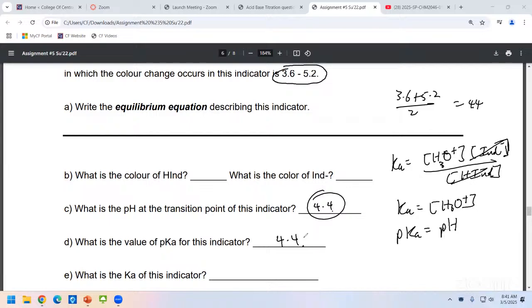So the next question is, what is the Ka for this indicator? So how would you calculate the Ka for this indicator? Well, with the concentration of H3O plus, okay. How would you calculate that?